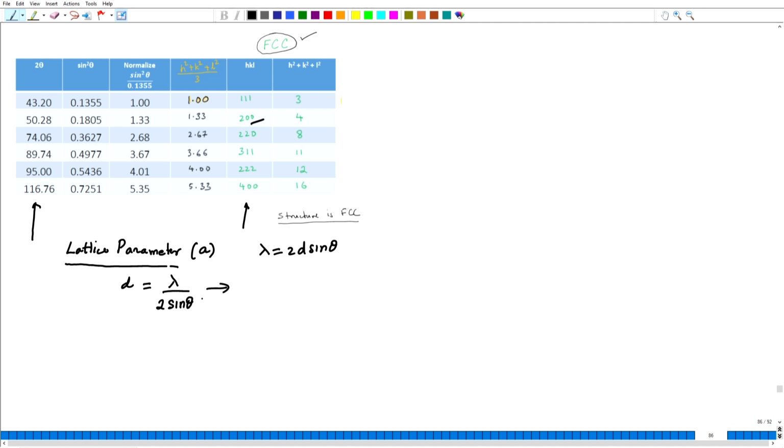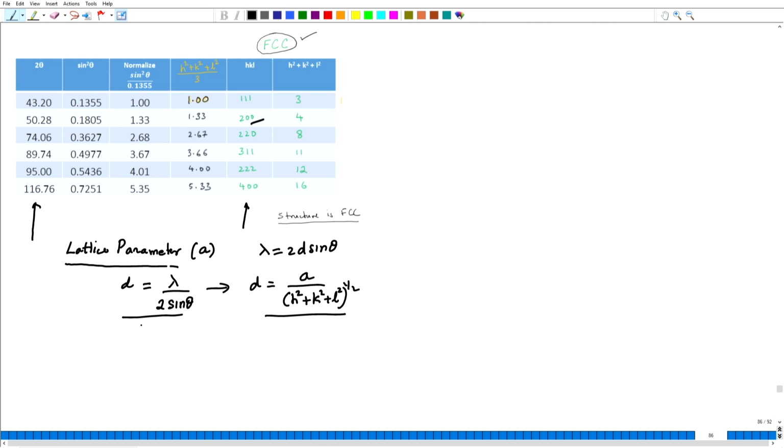Once one has found the d values, since this is a cubic structure, the lattice parameter can be related in the usual way: the d value itself is equal to the lattice parameter A divided by h square plus k square plus L square to power half. So, I have these 2 equations.